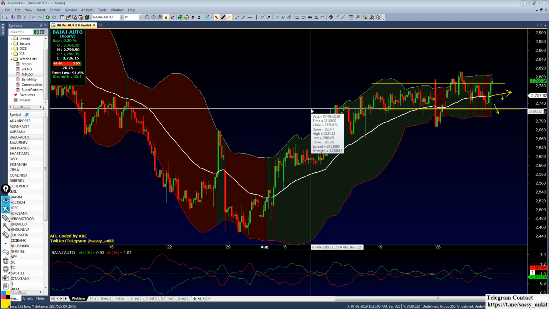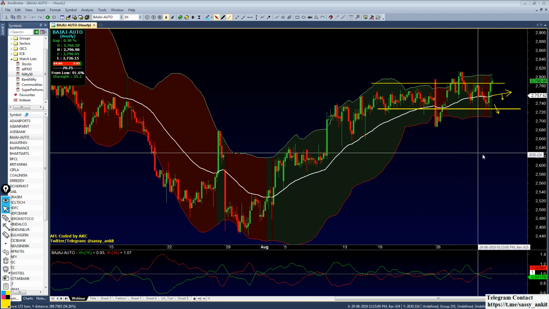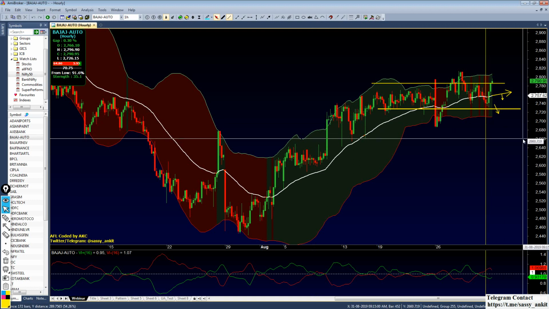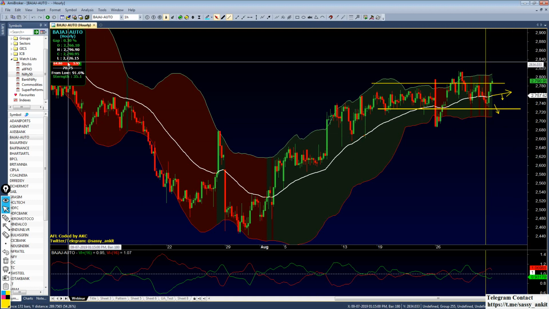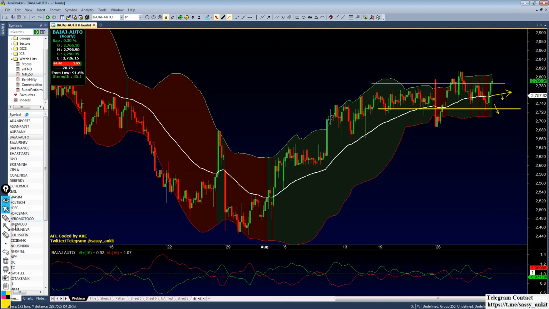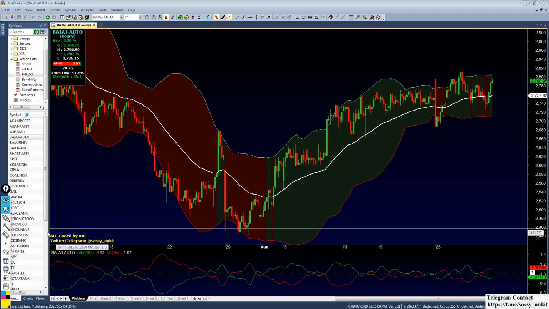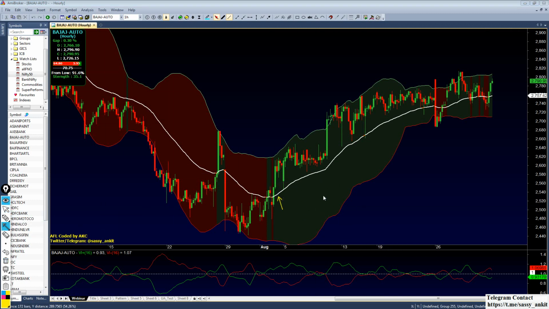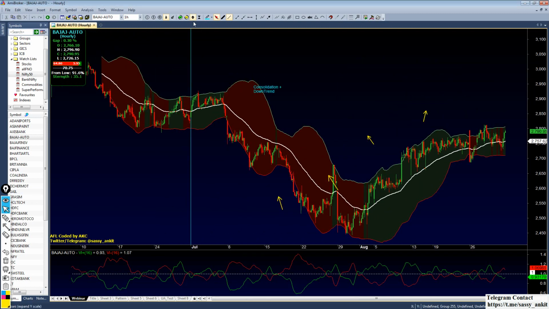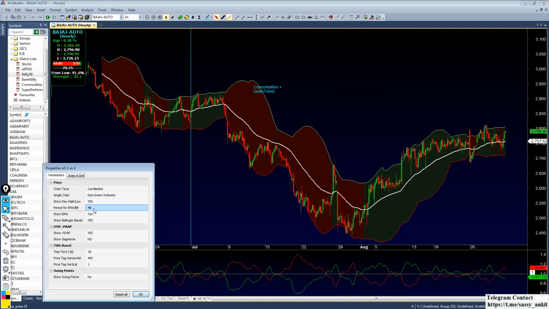This level is 2730, you can say, or 2725. So the 2725, 2730 zone. Once it started moving up, see how beautifully it is adjusting. Even though we have not adjusted this, so let me adjust first.